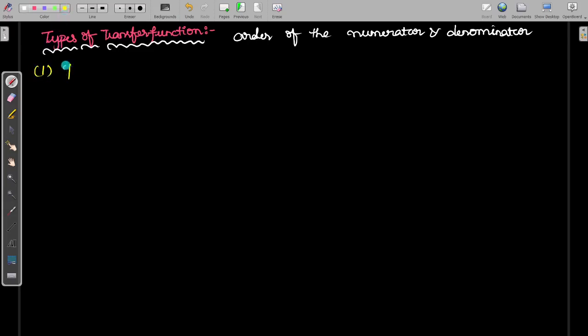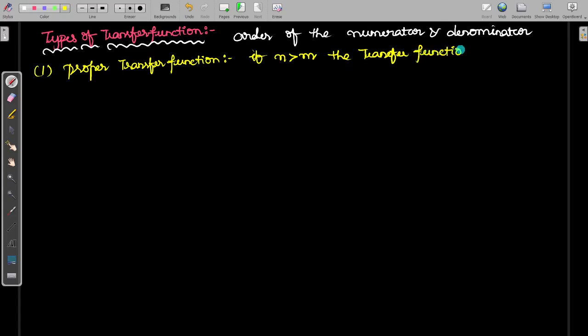One is called the proper transfer function. What is the meaning of the proper transfer function? Here I will write, if n is greater than m, then the transfer function is called a proper transfer function. I will tell what the meaning of n and m is.